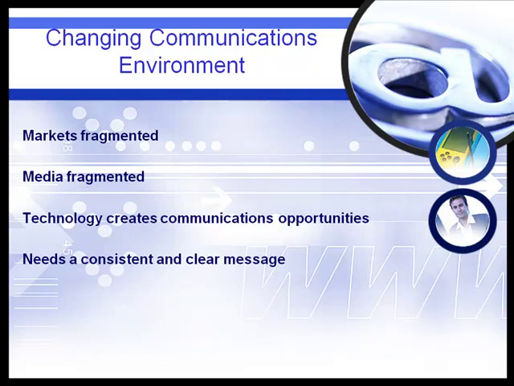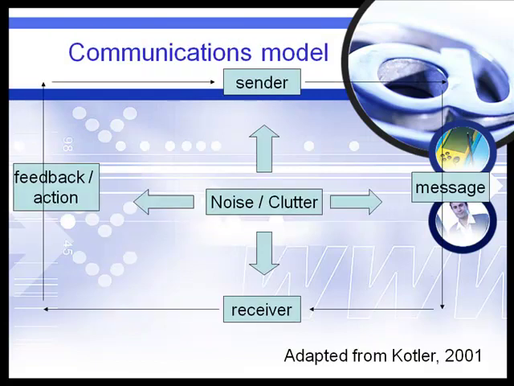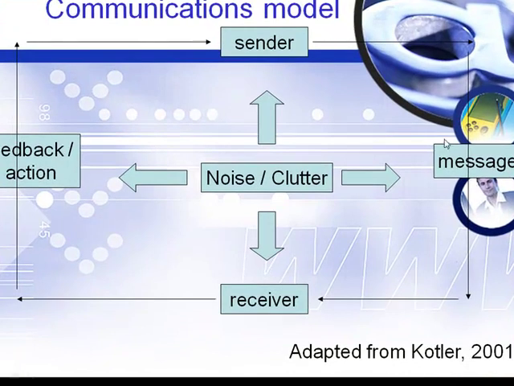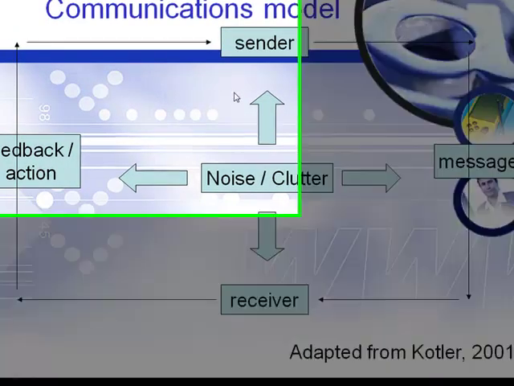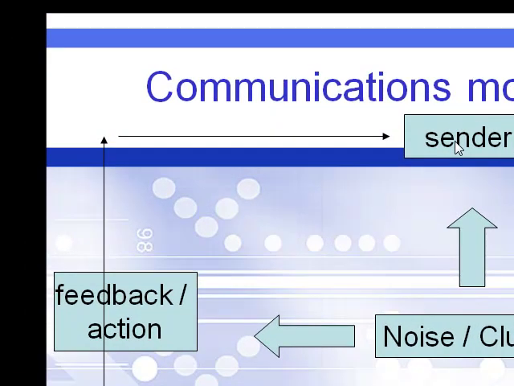Now, there is a communication model here which was created by Kotler in 2001 and has been slightly adapted. The point is that you have your sender, and this goes in circles, so it goes round and round. Your sender sends the communication, and this is your business, for example your hotel, your restaurant, whatever business you're running.